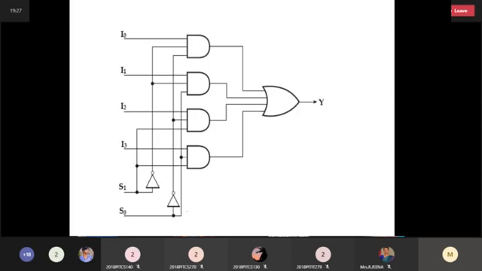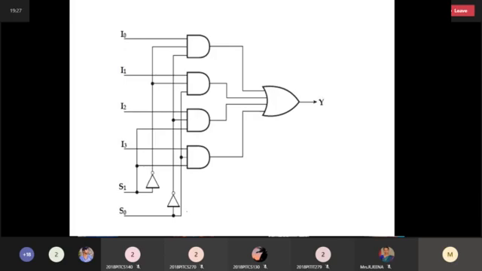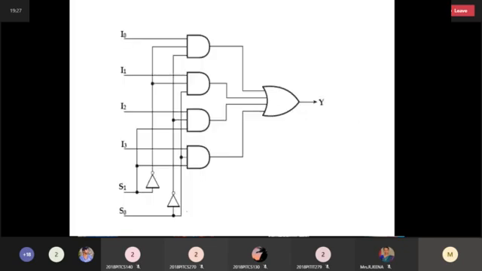By using this diagram, the input I0, S1 bar, S0 bar will be the first input of the OR gate. Next one is I1, S1 bar, S0. By following this, you have to draw the logical diagram.